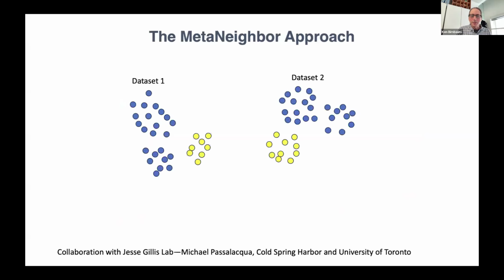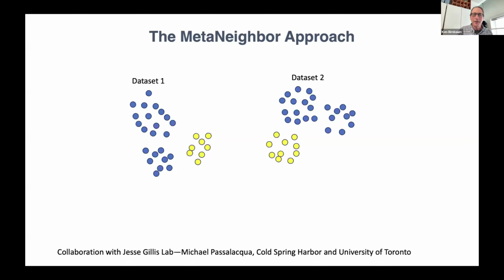Okay, so this is an approach that Jesse Gillis developed with Megan Crow in his lab. It is called the MetaNeighbor approach. It was originally designed to ask whether clusters in two different data sets really are equivalent, and to come up with a quantitative way to ask about that difference, rather than just trying to integrate everything and force it together, which maybe you could do, but you're losing information, right?